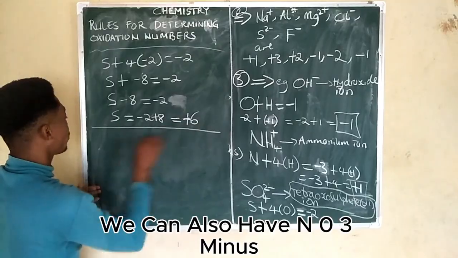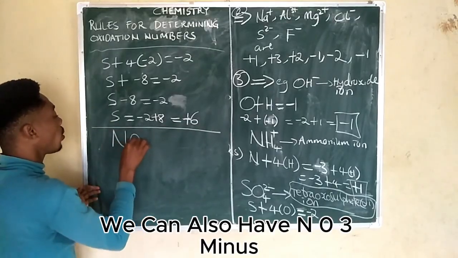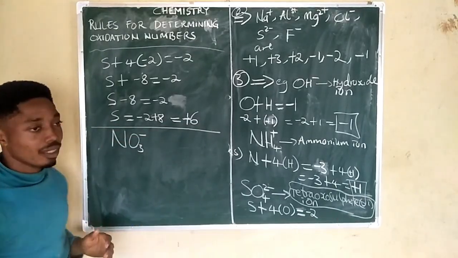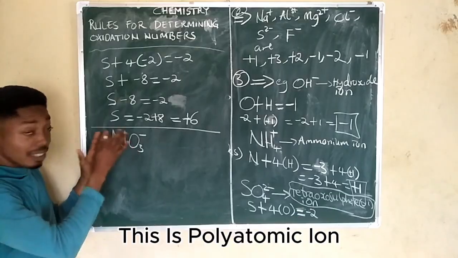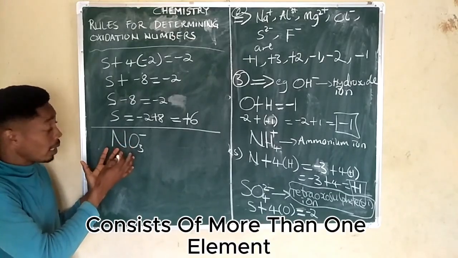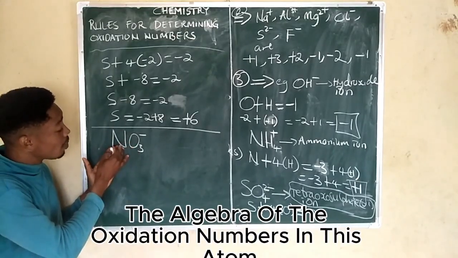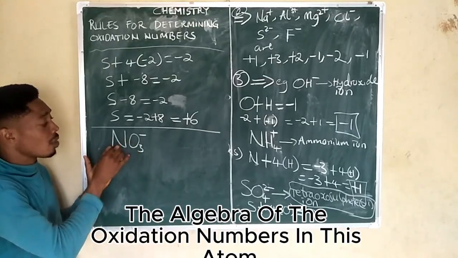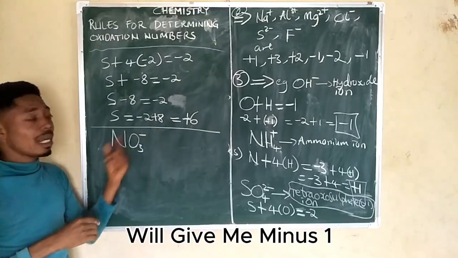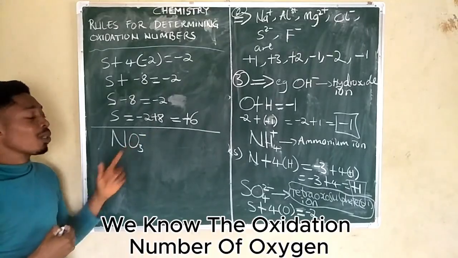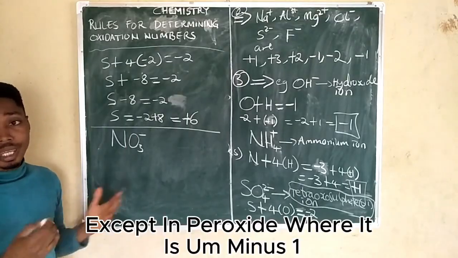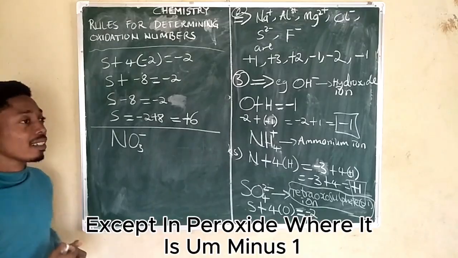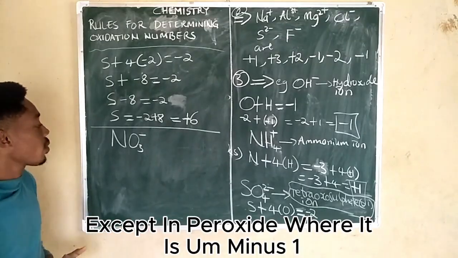We can also have NO3 minus. We are still in rule number 3. This is a polyatomic ion, which consists of more than one element. The algebraic sum of the oxidation numbers in this ion will give me minus 1. We know the oxidation number of oxygen is always minus 2, except in peroxides where it is minus 1.